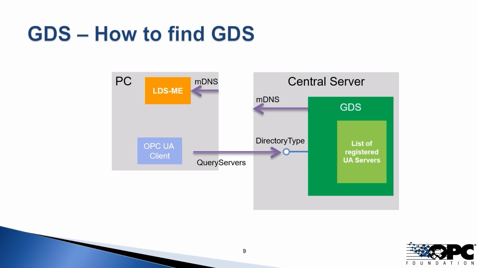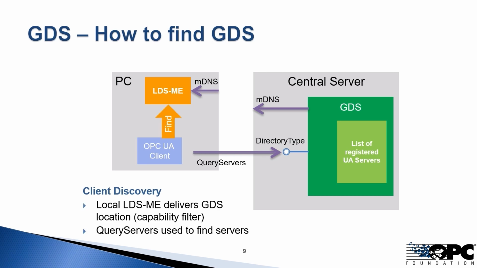One of the classics is that a good client would be able to be configured with the absolute address of a central GDS to be used, and therefore it's a manual configuration, typically of one endpoint for the one centralized GDS.